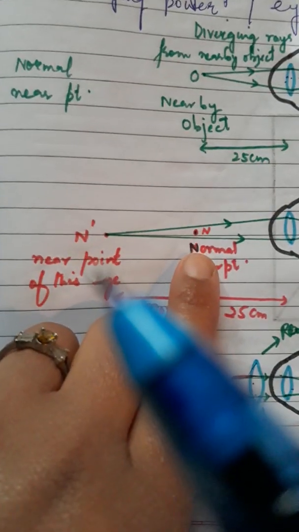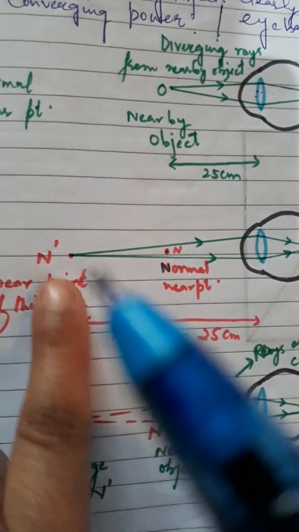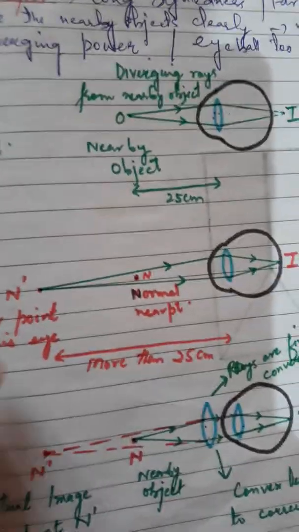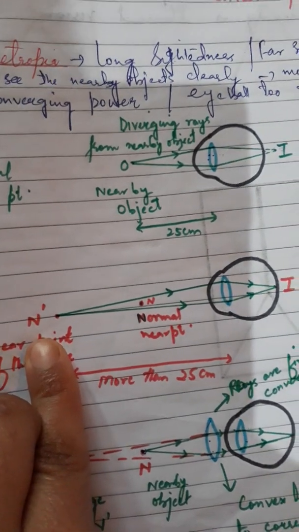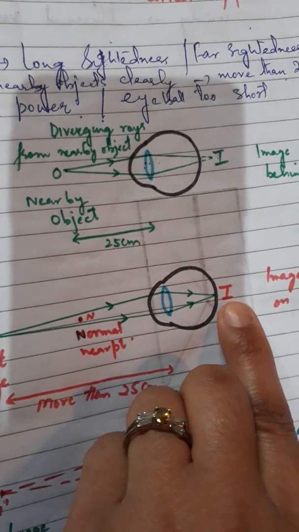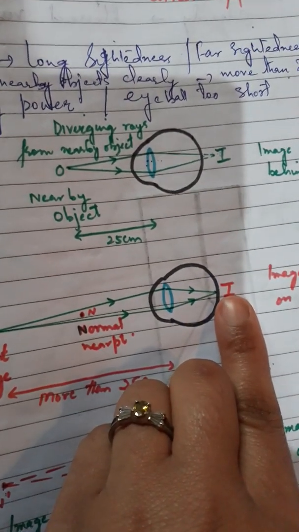Now if the near point of an eye having hypermetropia is at point N dash, it means more than 25 centimeters, then the image is formed here at the retina, not behind the retina.